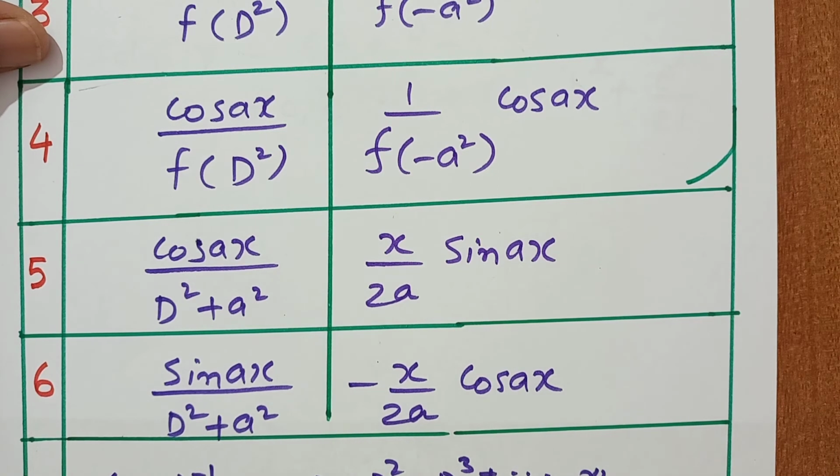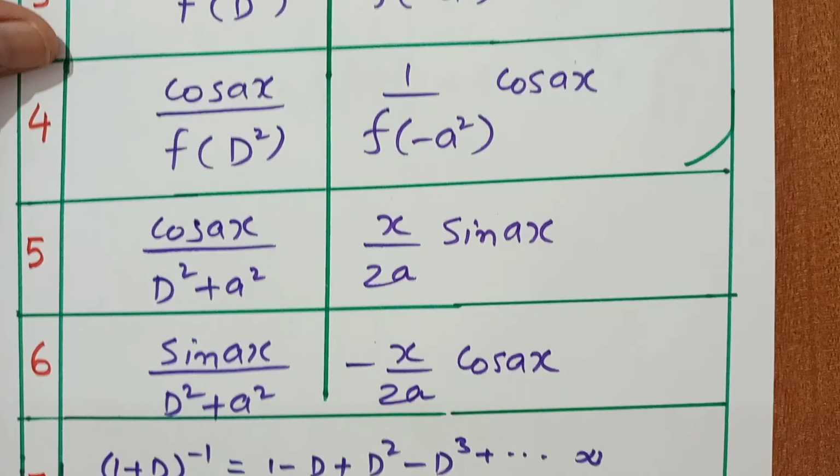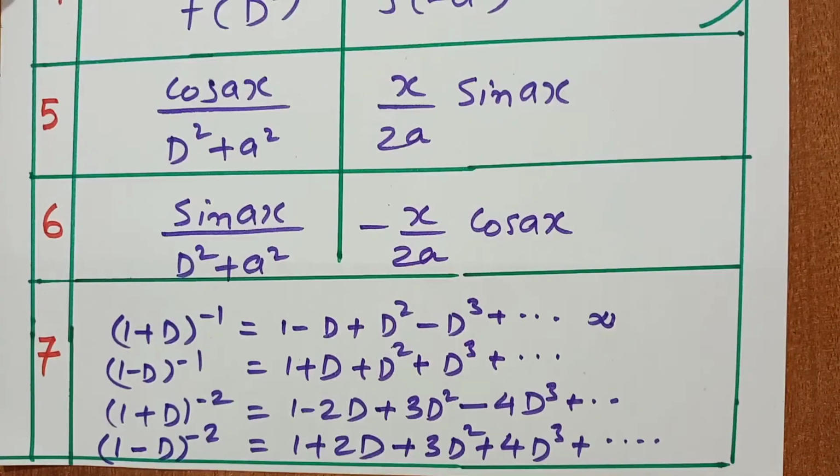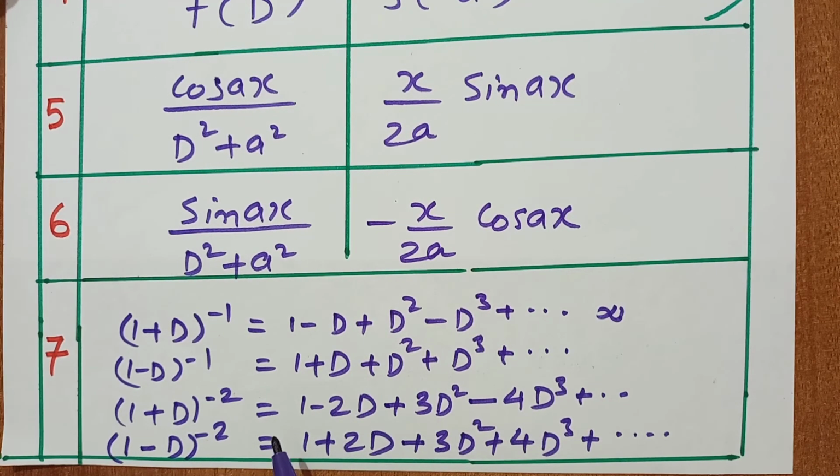If the right hand side Q is only a function of x, like x squared, x cube, in this case we will remember this formula. So for Q equal to only x squared, x cube, we will explain some examples.